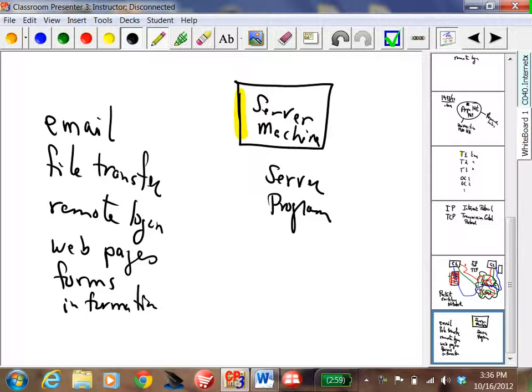Now, each one of these types of information is sent via its own protocol. So, for instance, we have FTP, the File Transmission Protocol.